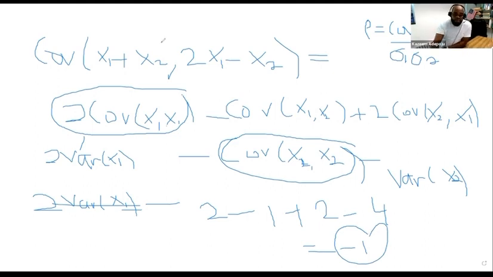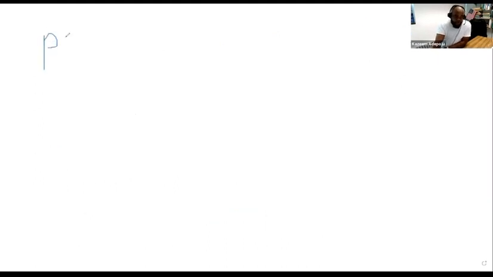The last question that I'm actually going to walk you through said, find the probability of x2 greater than 1, given x1 equal to 2. Don't forget, we're using the joint normal density.